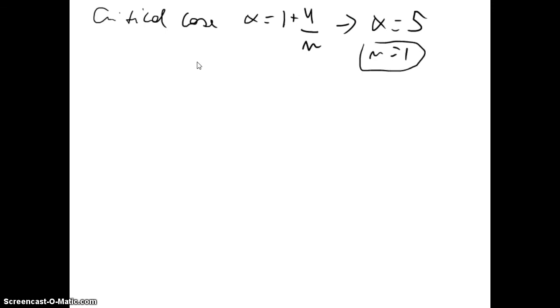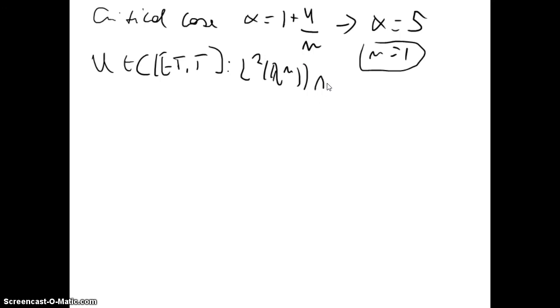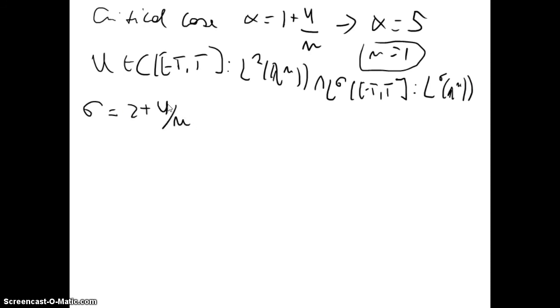And then for these conditions, we'll have that u is going to be in C of minus T, T; L2 Rn, intersection L^sigma of minus T, T; L^sigma Rn, and sigma is going to be 2 plus 4 over n.